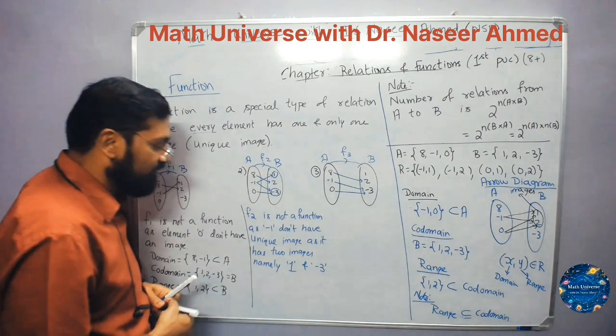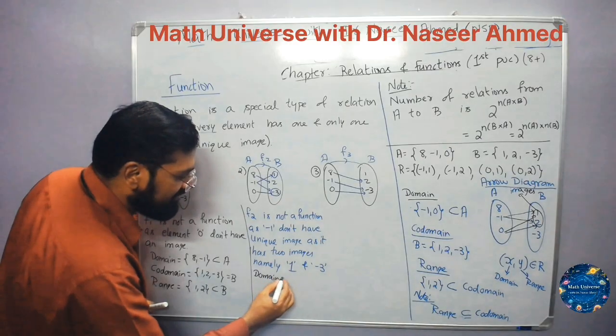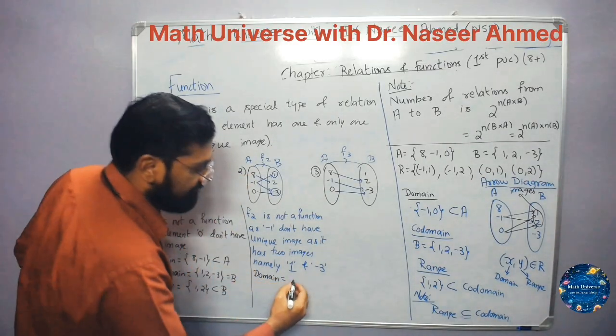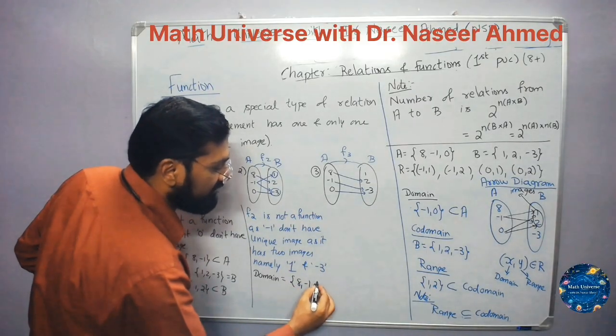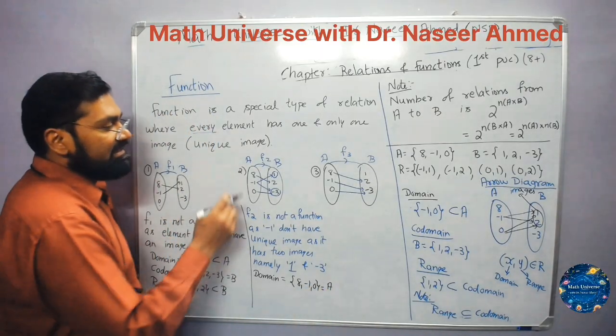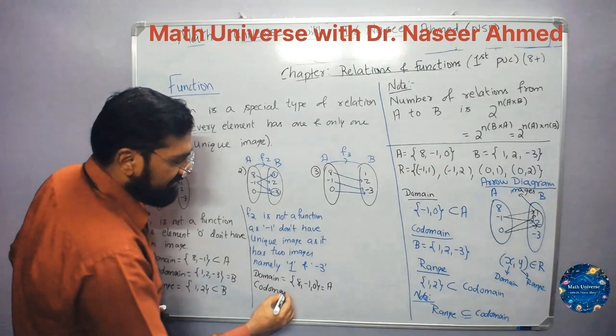Next, now let us try to write the domain. What is the domain of this, dear student? 8, -1, 0, because all have got the image, and it is equal to what? Set A only. Next, see the codomain.